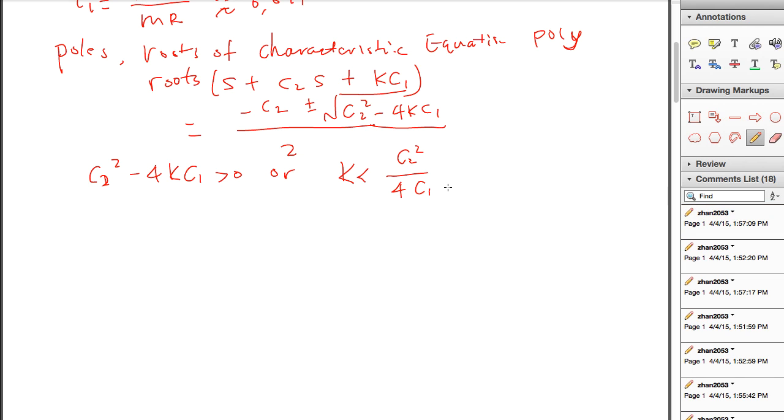Under this scenario, both roots will be all real numbers, right? Basically, real numbers mean the system behaves more or less like two first order systems. If we plug in all the numbers, if K is less than about 1.61, this will be a first order system. This behaves like two first order systems.